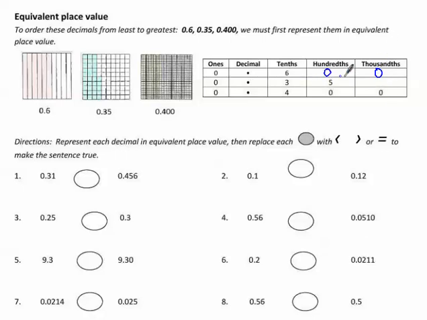The one that is 35/100, add a 0 afterwards to get that to the thousandths place, because our longest decimal, 0.400, is at the thousandths place. I want them all lined up. That way it's easiest to see which one is least, which one is greatest, and which one's in the middle. Now you can compare them.